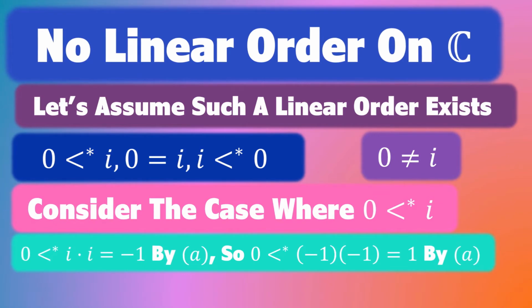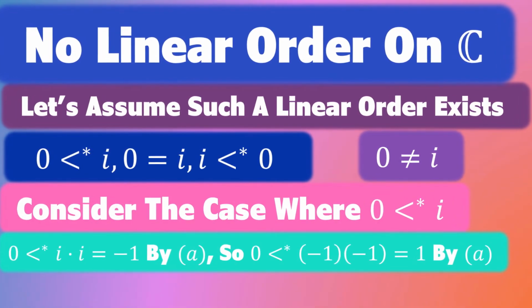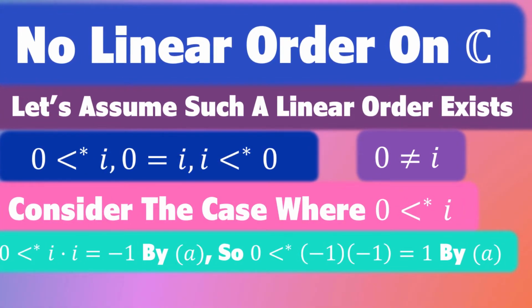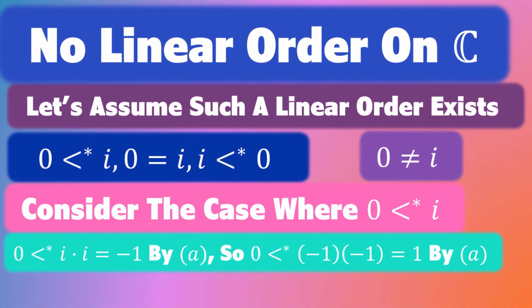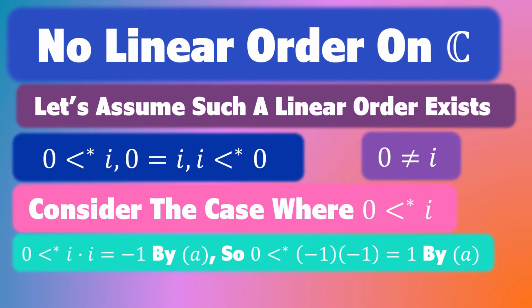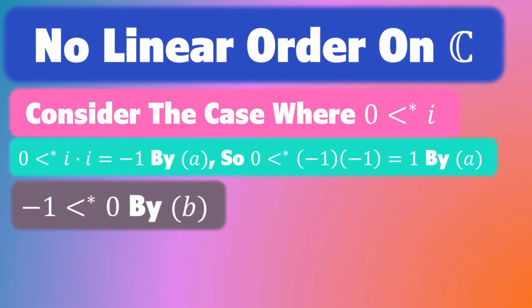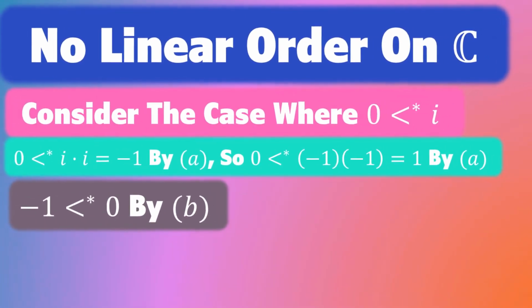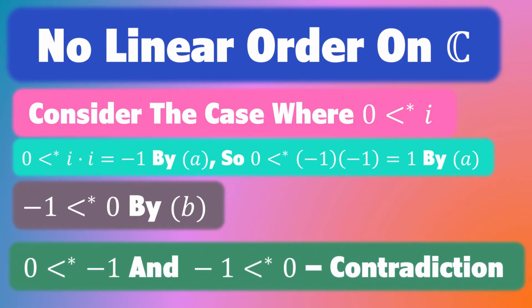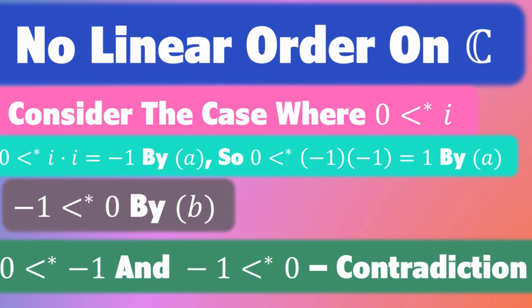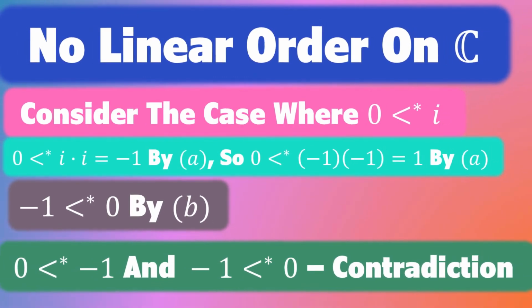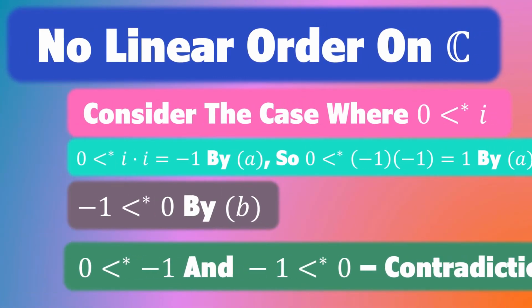Then 0 would be less than star i dot i, which is equal to -1, by condition A, which implies that 0 is less than star -1 times -1, which equals 1, again by A. But this implies that -1 is less than star 0 by B. So we have that 0 is less than star -1 and -1 is less than star 0, which contradicts the definition of being a linear order.